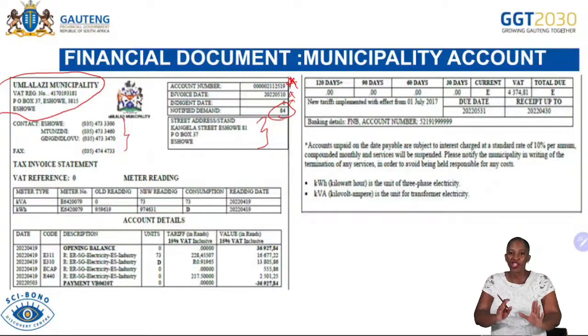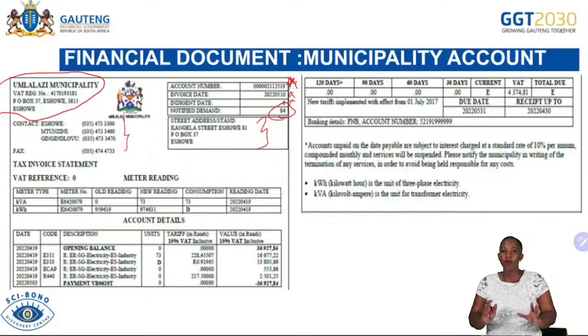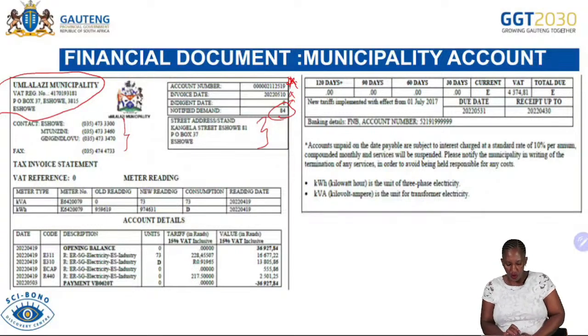So all the information is displayed on your municipal account. There you go, you have this date. On the 22nd of April 2019, what was the opening balance? Remember, it says it's a business account now. This one, their opening balance is stated there, and then these are the units that they have used, the items.